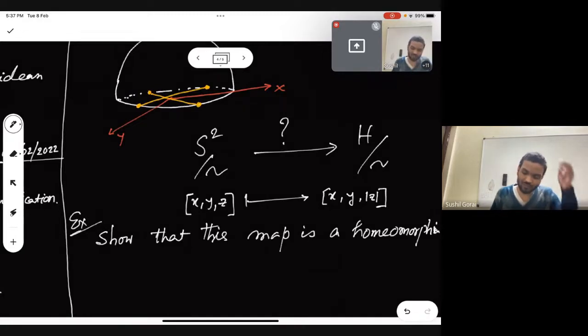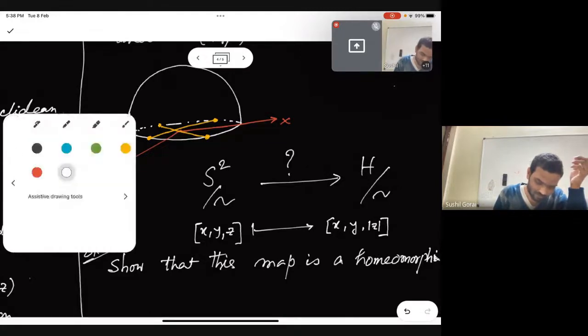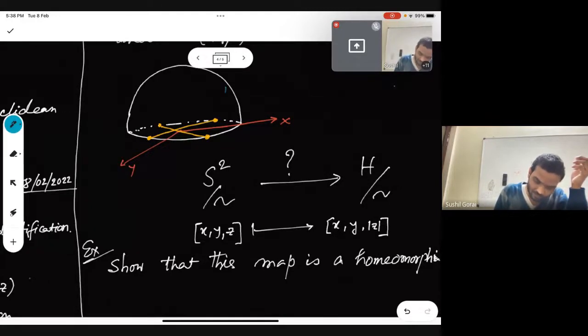Now, even further, you see the upper hemisphere is homeomorphic to the unit disk.